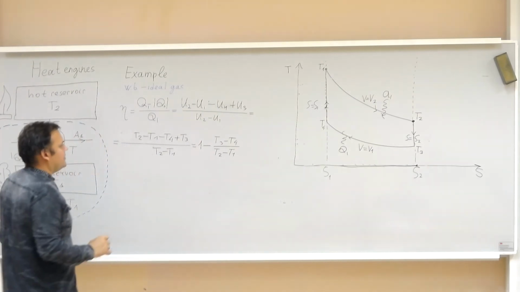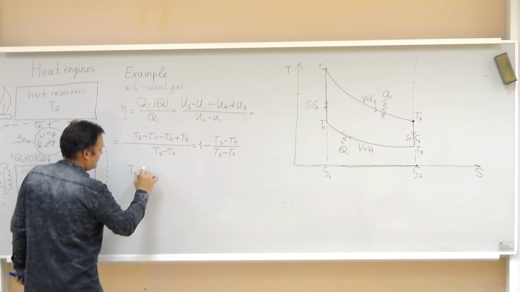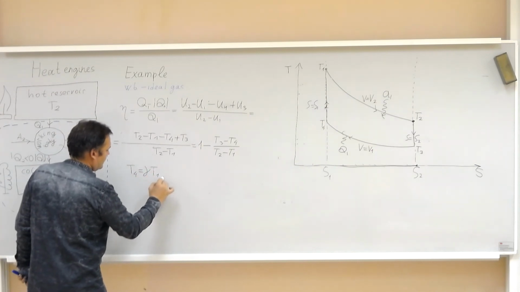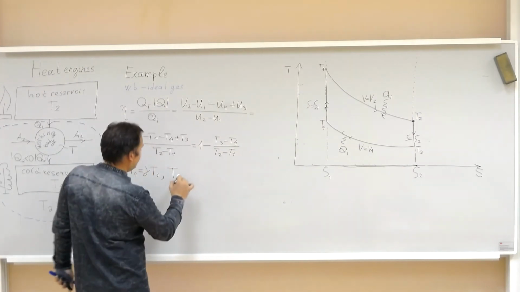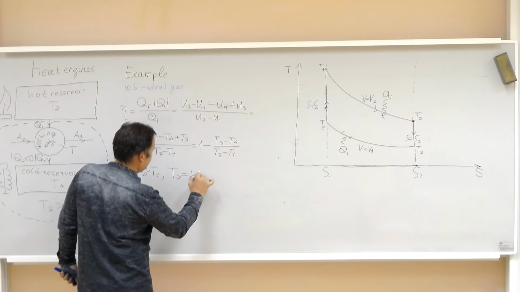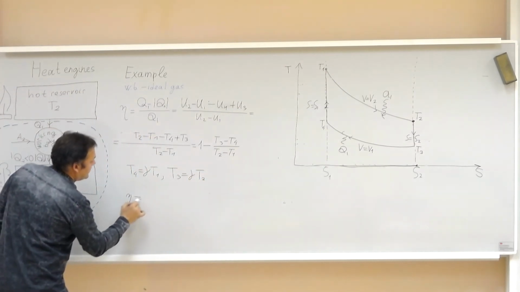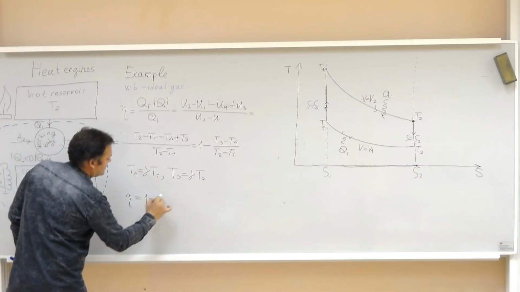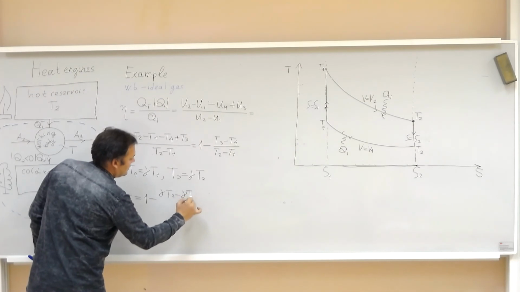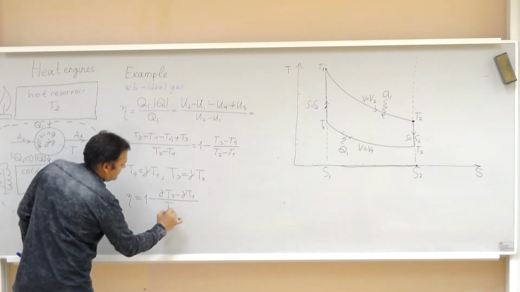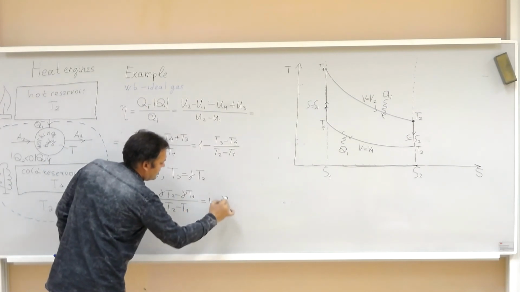On the other hand, we agreed that T4 equals gamma T1 and T3 equals gamma T2. So we have eta equals 1 minus gamma, since gamma T2 minus gamma T1 divided by T2 minus T1 gives gamma.